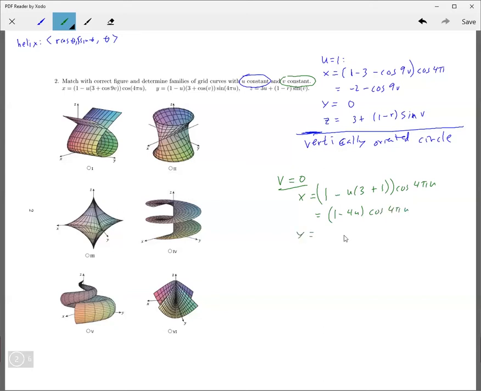Y would be 1 minus u times 4, right? And that would be sine of 4 pi u. Z would be, that'd be 0, so it would just be 3u.